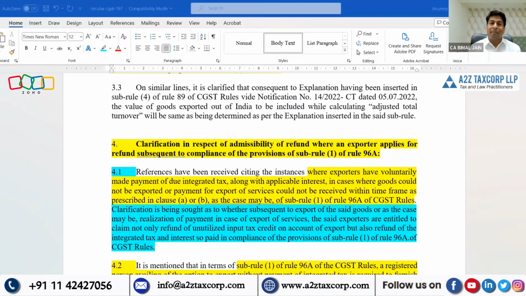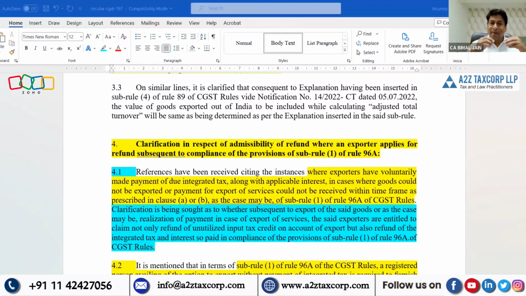But what happens if within the stipulated time period you have not done the export of goods or export of services? What is to be done? And there is a time period prescribed for realization of export of services. So for export of services, what is the important condition?